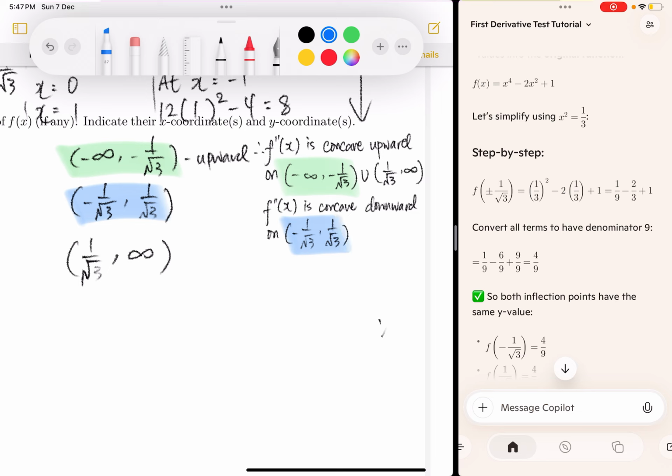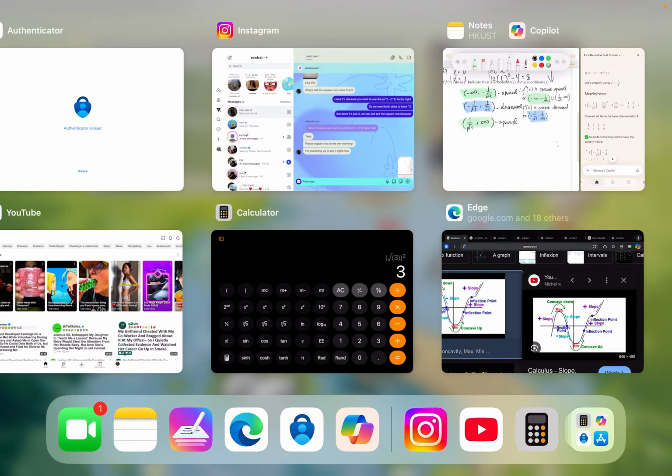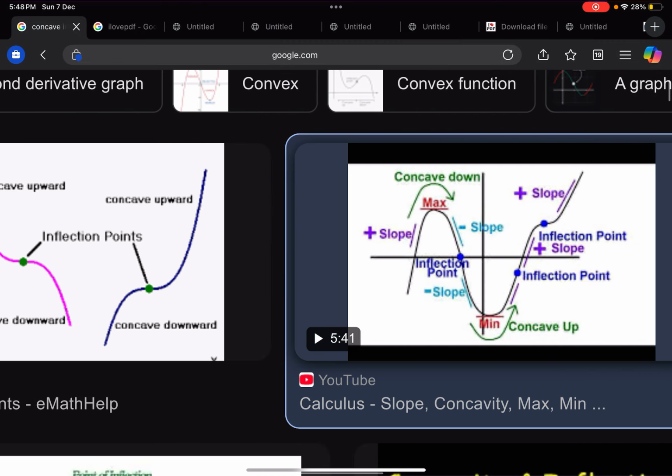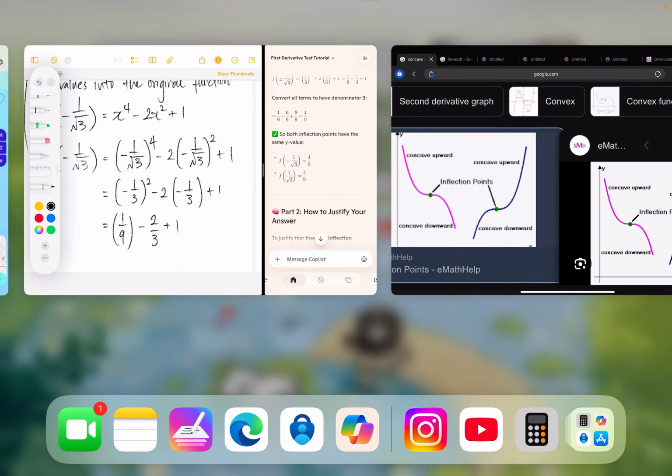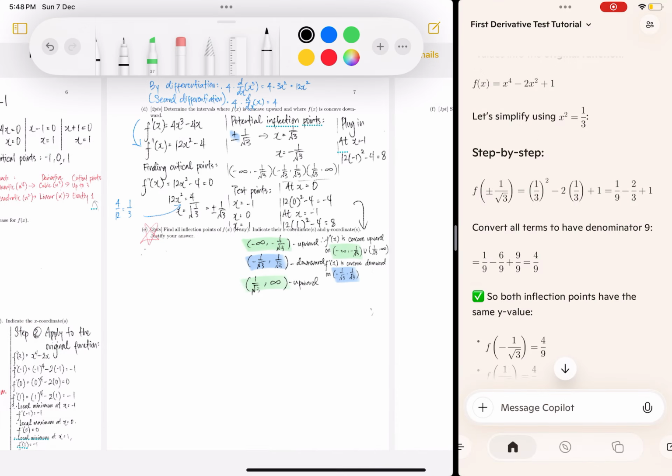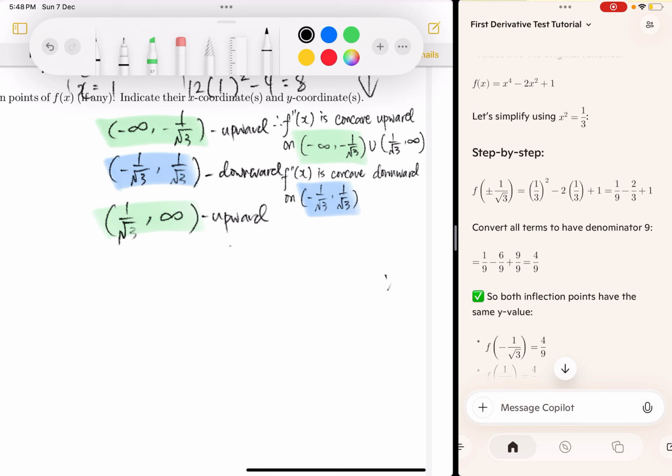This is downward, and then this is upward again, which precisely matches what we need, because we need it to go like this one here. We need it to start upward, then downward.